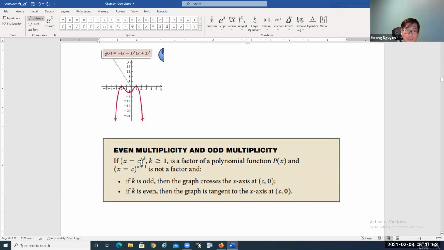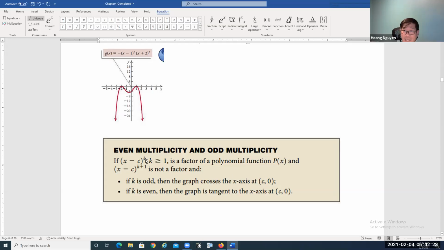If (x minus c) to the power k, with k greater than or equal to 1, is a factor of the polynomial function P(x), and (x minus c) to the power k plus 1 is not a factor, and k is an odd number, then the graph will cross the x-axis at the point (c, 0).